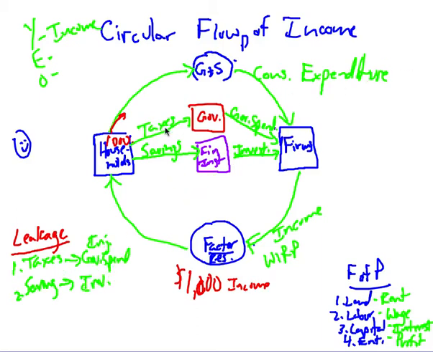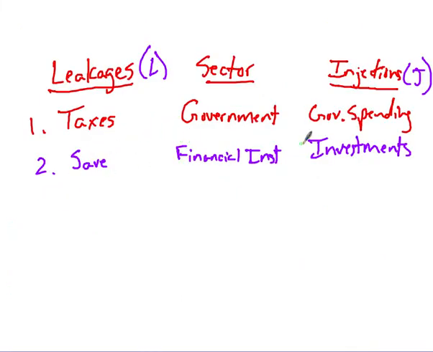Then the last leakage that we have, let's find another color. You might buy a Honda that was made in Japan. So some of your money may end up going to Japan, which gets us out of our domestic economy, and remember, we're measuring our domestic economy. So if money's going out, we have to look at that.